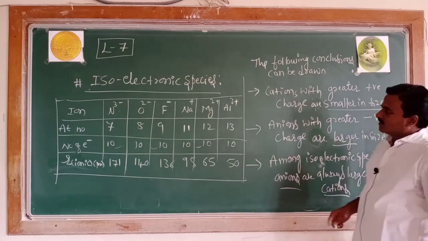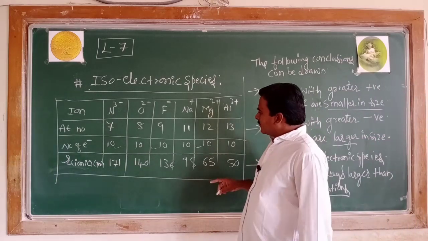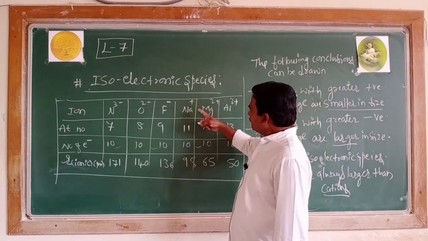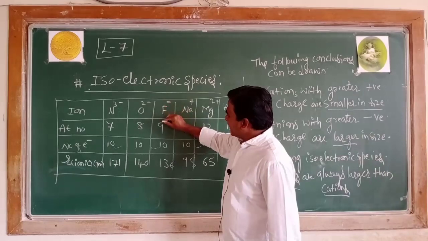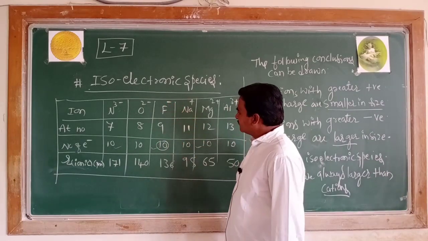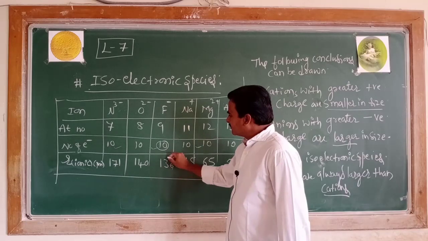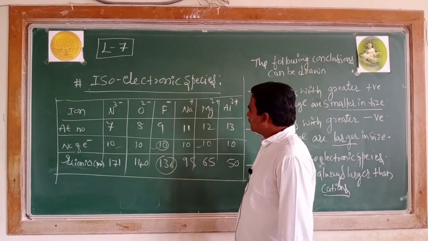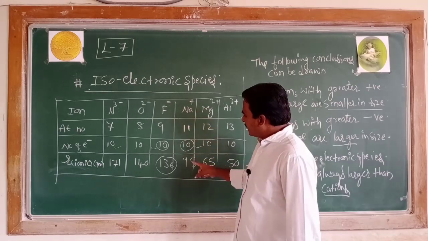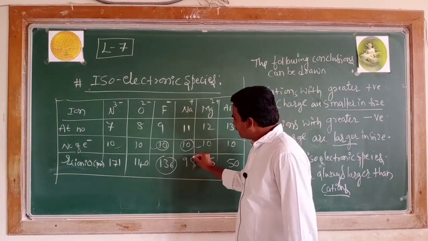So I can show here, if you take fluoride ion, number of electrons 10, radius 136. Sodium ion, number of electrons 10, and the radius 95.